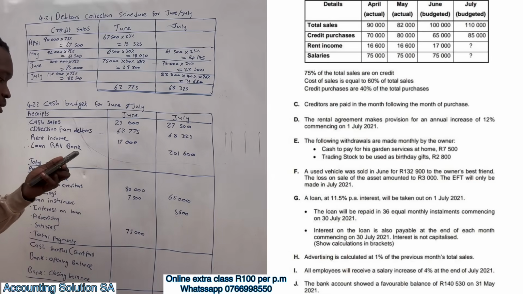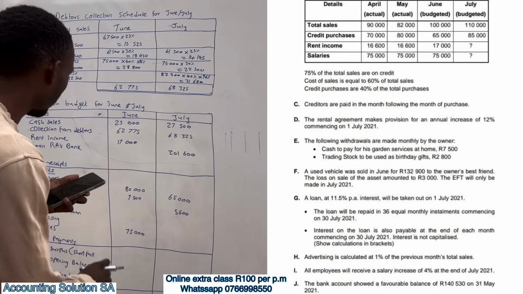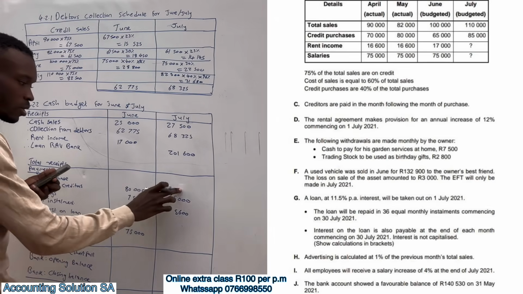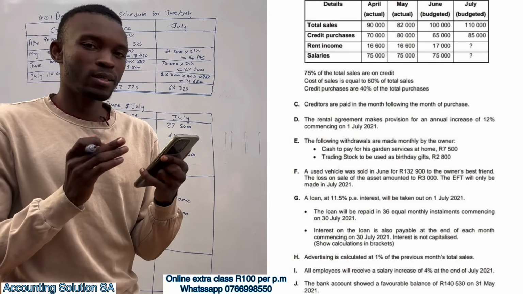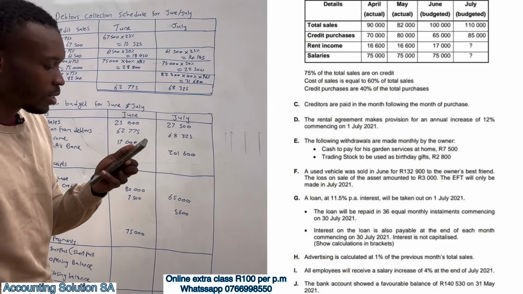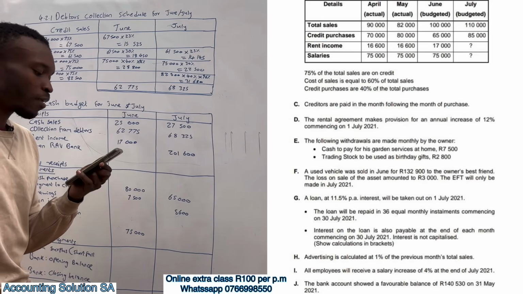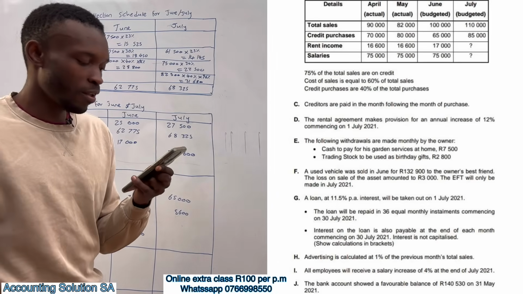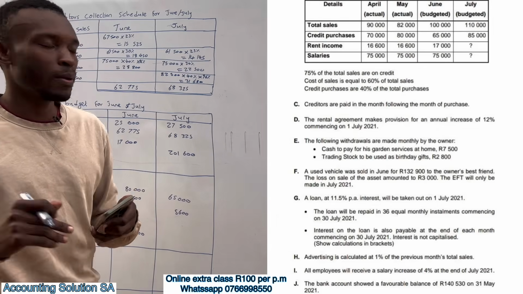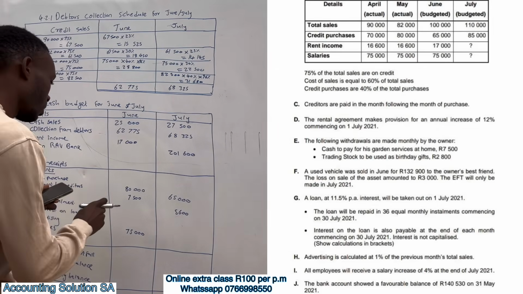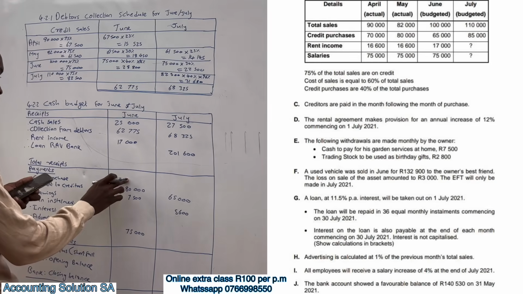Okay. Now let's go to cash purchase, because it is not given at all. Cash purchase, we have to convert credit purchase into cash. They said credit purchases are 40% of total purchases. If credit purchases are 40%, cash are 60%. Okay, now let's calculate the one for June.